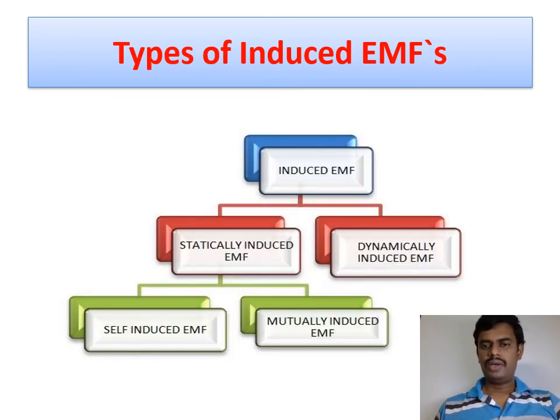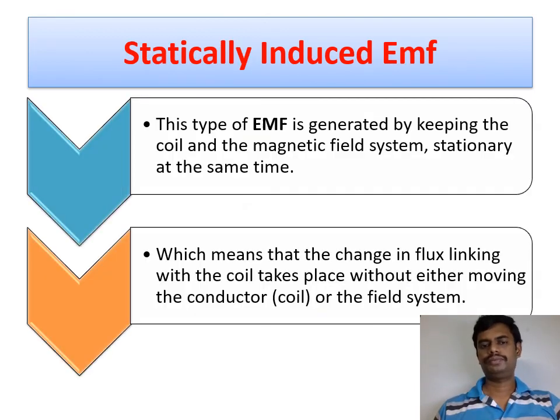Based on the types, induced EMF is classified into statically induced EMF and dynamically induced EMF. The statically induced EMF is again subdivided into self-induced EMF and mutually induced EMF.